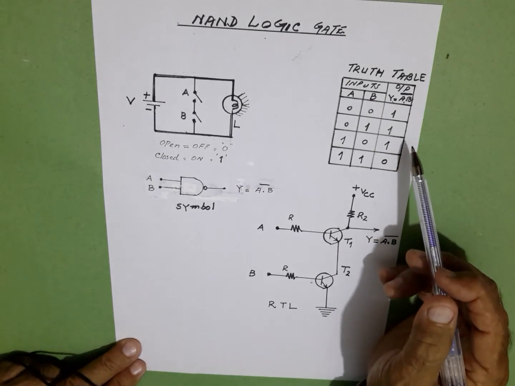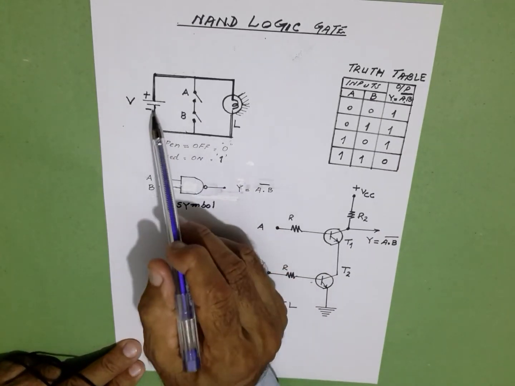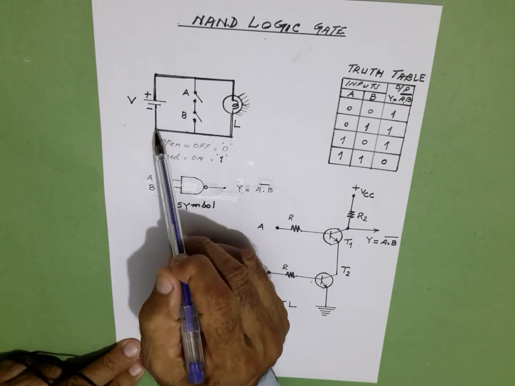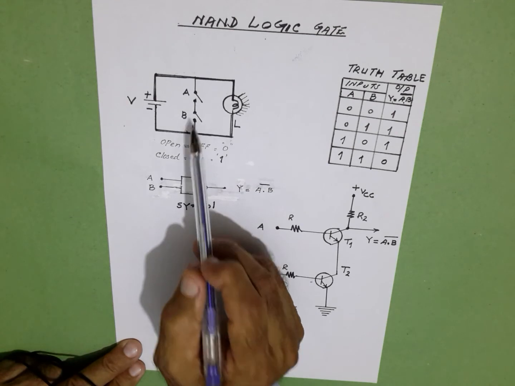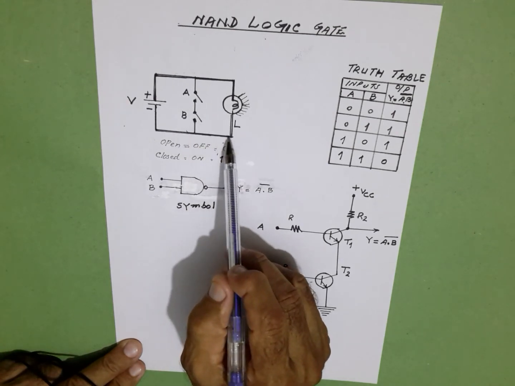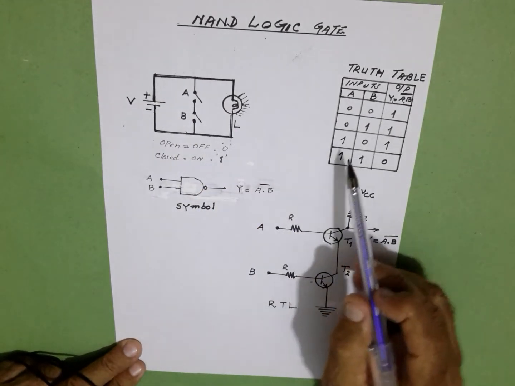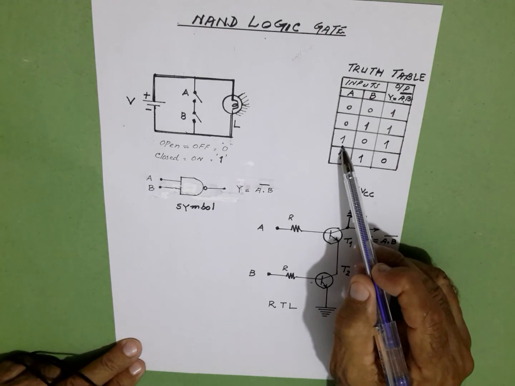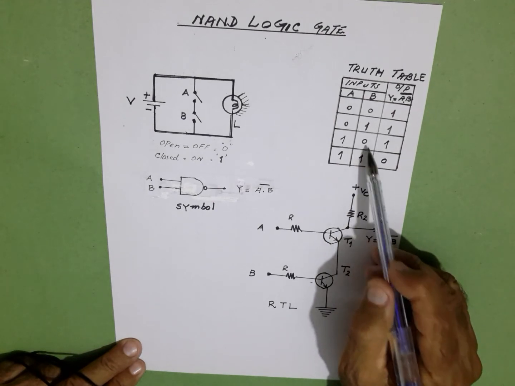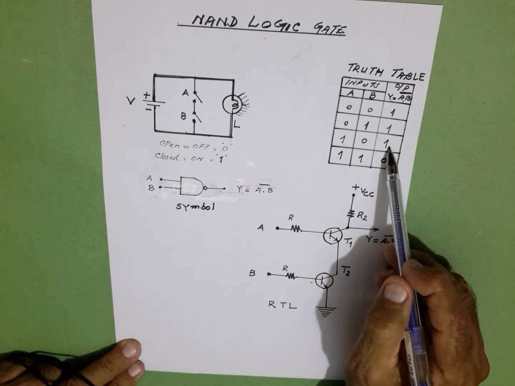For the third combination, when switch A is closed and B is open, current cannot flow through switch B, it is open, but flows through the lamp and gives light. When A is closed and B is open or off, the lamp is giving light, therefore it is logic 1.